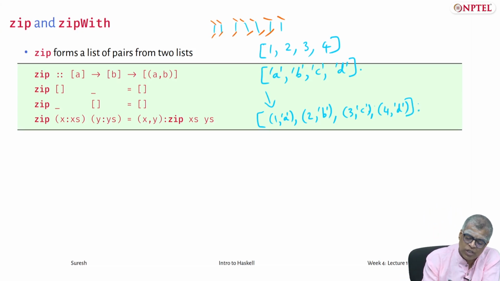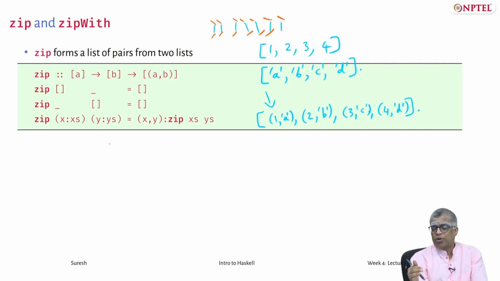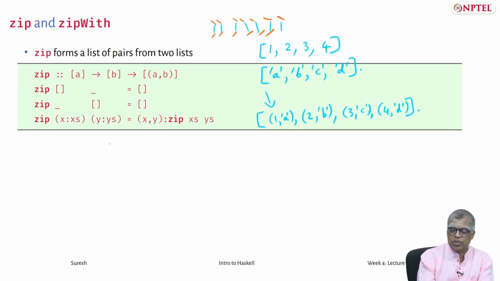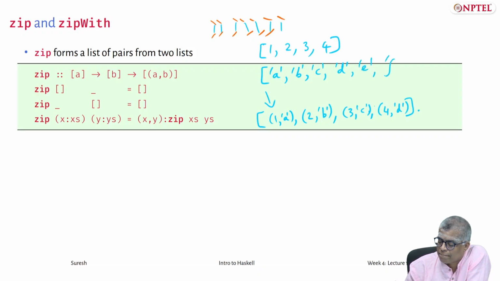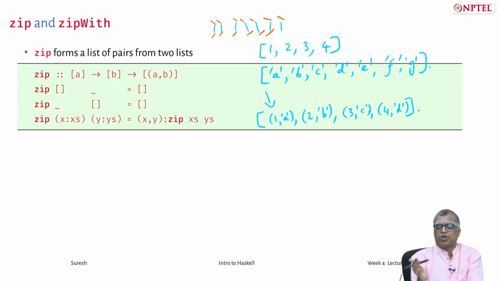And the definition is just this: zip of the empty list. The significant thing about zip is that if one of the lists is of longer length, then you will just cut off at the point you reach the end of one list. Okay, so if instead of A, B, C, D, I had A, B, C, D, E, F, G, I would still get 1A, 2B, 3C and 4D, because the first list has ended, so you will stop processing.